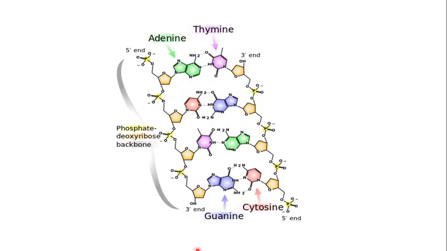If you talk about the DNA, as I've told you, in most cases it is a double-stranded structure. So as you can see over here, this is the phosphate group, this one is the sugar, and this is the base. As this base is adenine, it is going to interact with the thymine, which is present on the other strand of the DNA. So this is the sugar, this is the base, and this is the phosphate group.